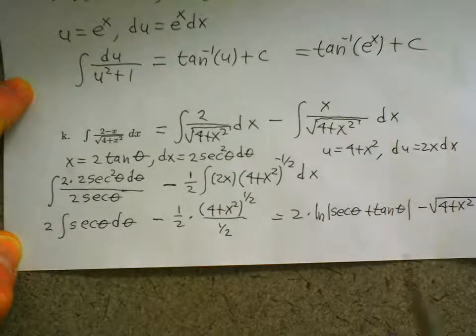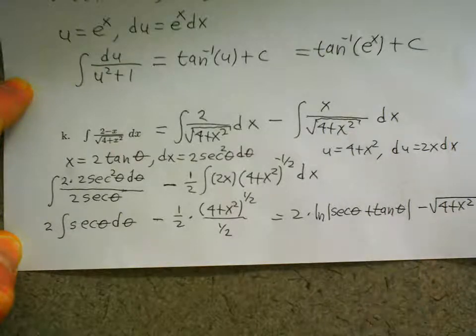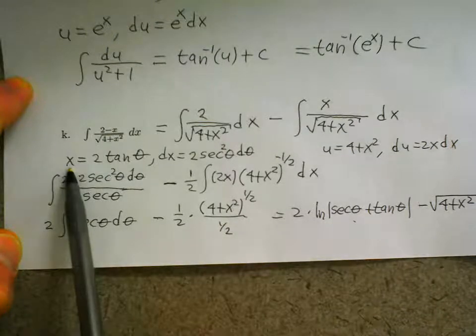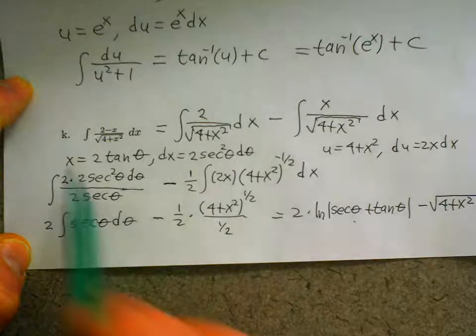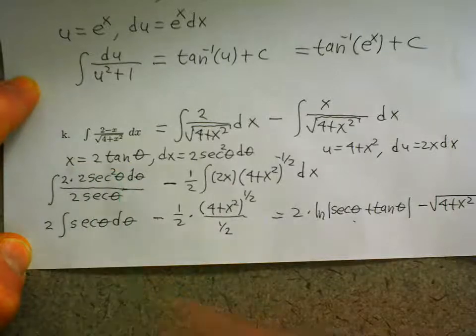We have a little bit more work to do on this one. We have to replace secant of theta and tangent of theta with expressions in the variable x. So our original assignment, x equals 2 times tangent of theta.